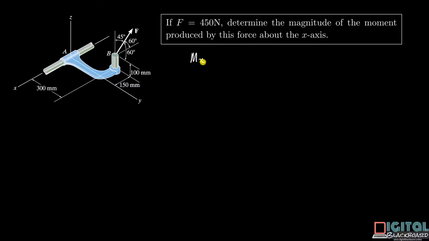X stands for the axis about which we are taking the moment, equal to ux cap, which is the unit vector pointing in the positive x direction, dot r cross F. Here r is a vector that extends from any point on the x-axis, about which we are taking the moments, to any point which lies on the line of action of the applied force shown by this red dashed line here.